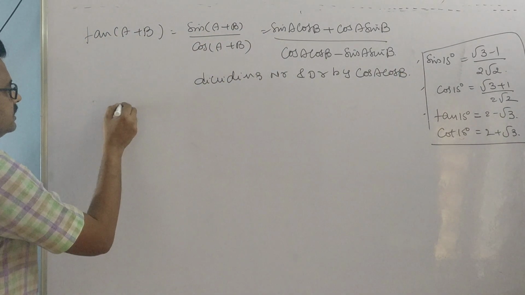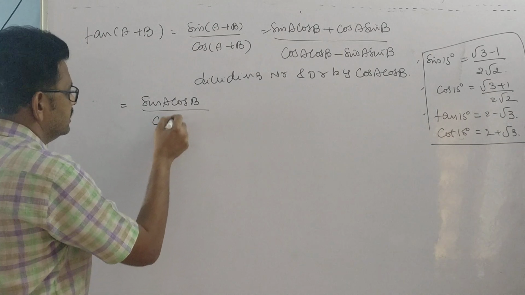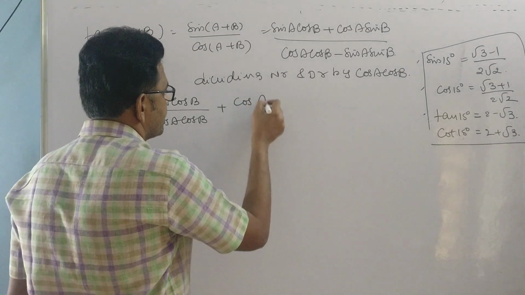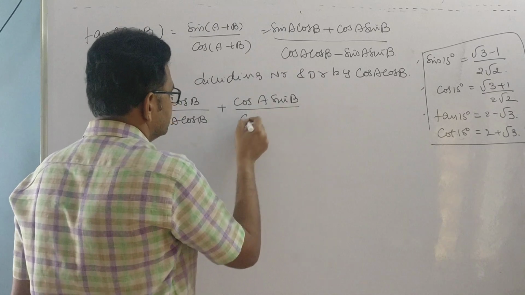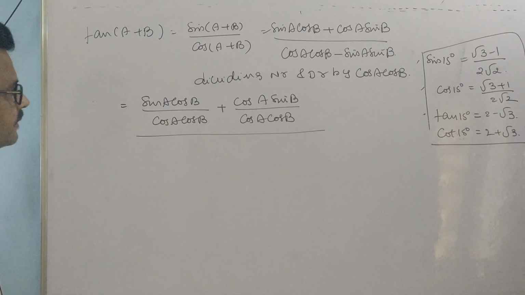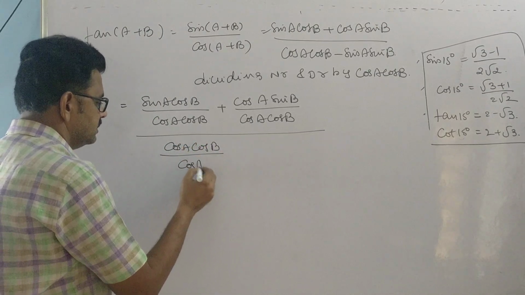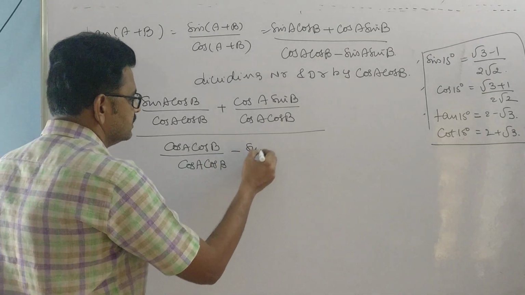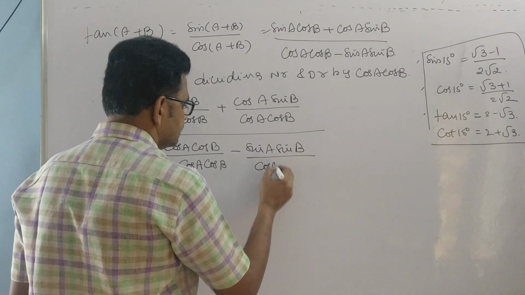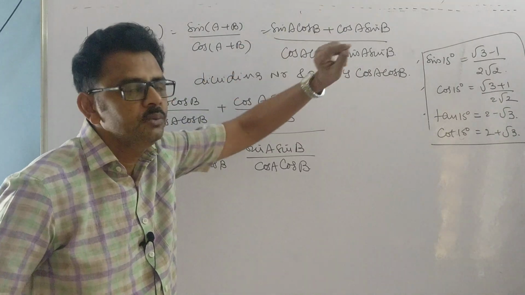So this is equal to sin A cos B by cos A cos B plus cos A sin B by cos A cos B, by cos A cos B by cos A cos B minus sin A sin B by cos A cos B. So dividing, I can write separately, like (x plus y) by 2 is x by 2 plus y by 2.